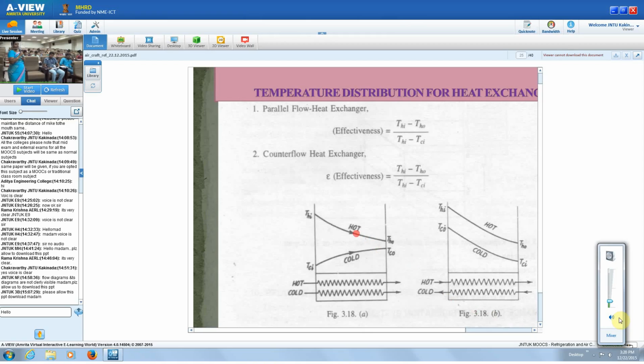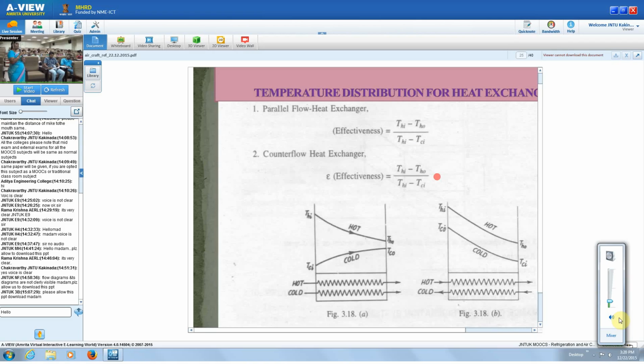That is equal to Thi minus Th naught, where Thi is the inlet temperature of the hot fluid, that is here the air to be cooled, and Th naught is the temperature at which the air comes out. Similarly, the denominator is Thi minus Tci, where Tci is the inlet temperature of the cold fluid.